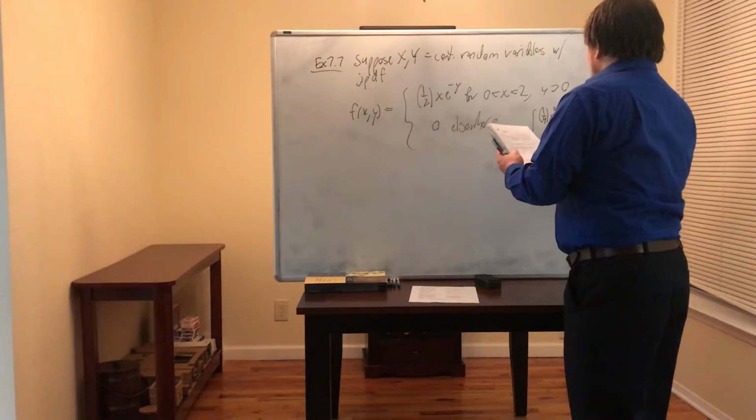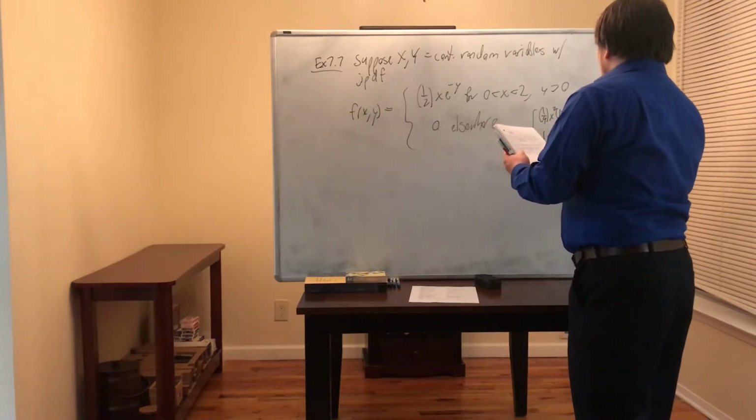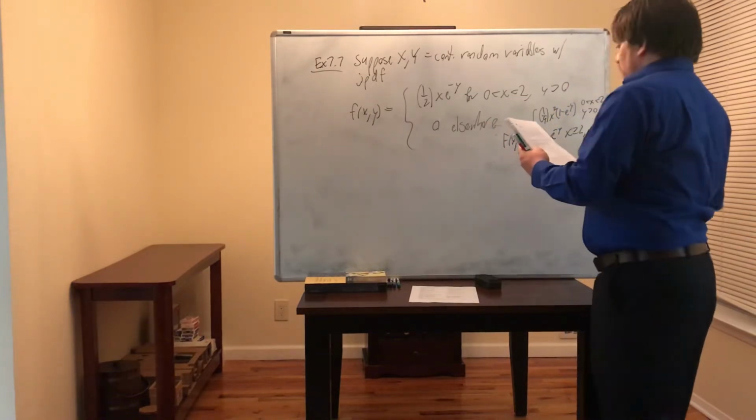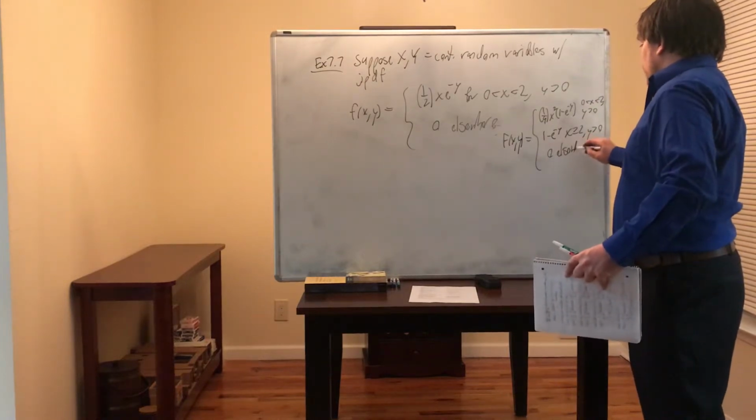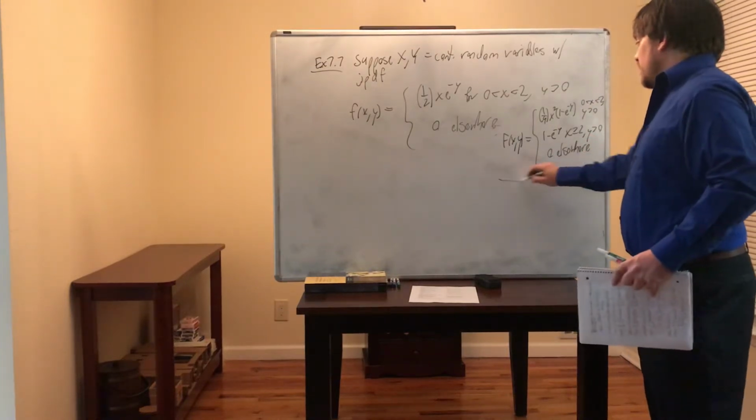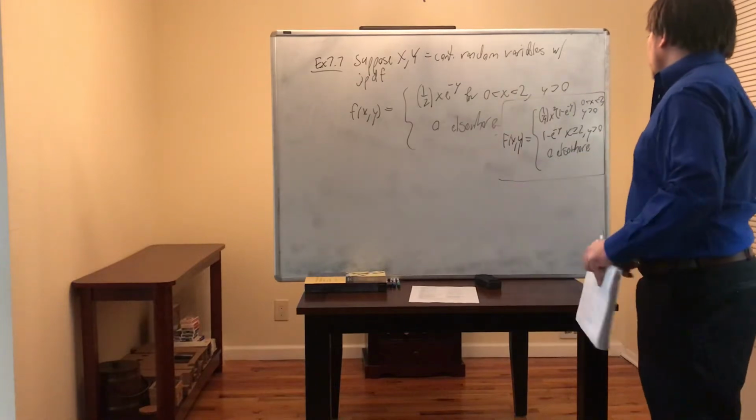It's 1 minus e to negative y for x greater than or equal to 2, y positive, and it's 0 elsewhere. Okay, so I kind of condensed it here. That's capital F. That's the answer to part A.